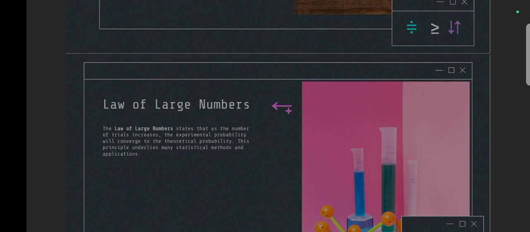Importance: the law of large numbers is crucial in statistics and probability, underpinning many statistical methods and justifying the reliability of large sample estimates. It assures that randomness averages out, leading to predictable outcomes in the long run.